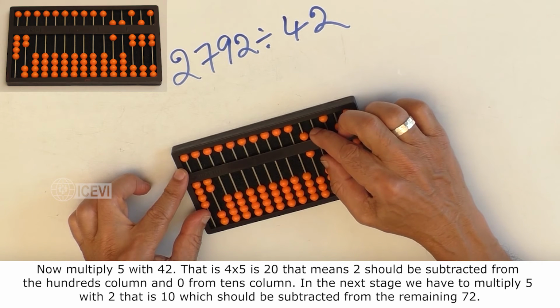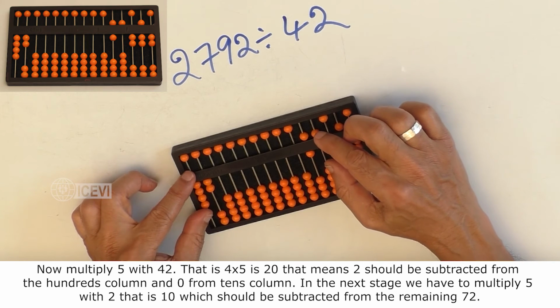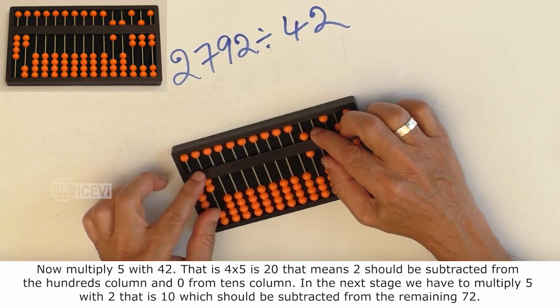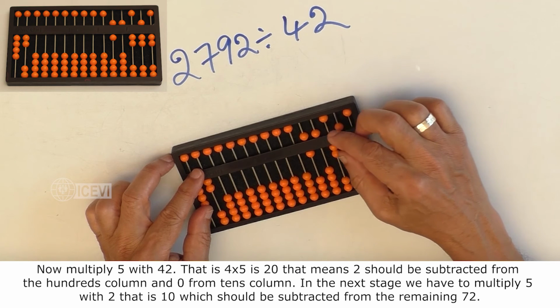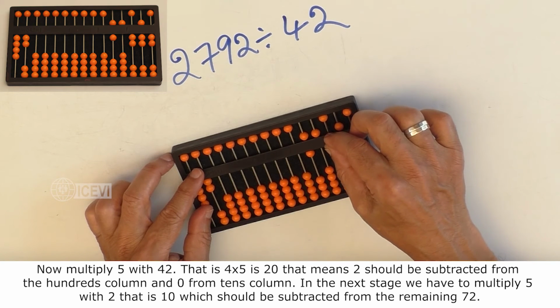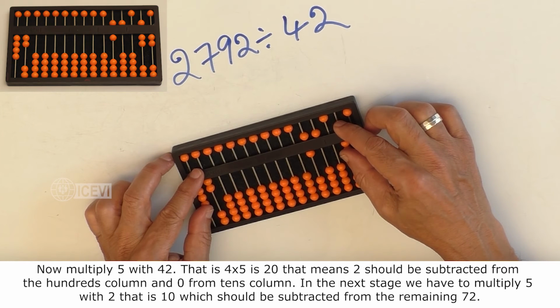Now multiply 5 with 42, that is 4 fives are 20. That means 2 should be subtracted from the hundreds column and 0 from the tens column.